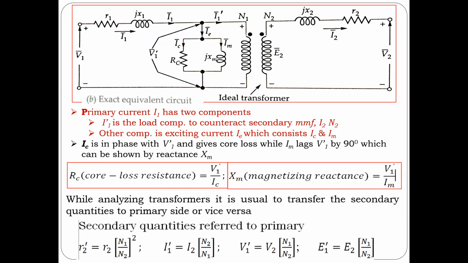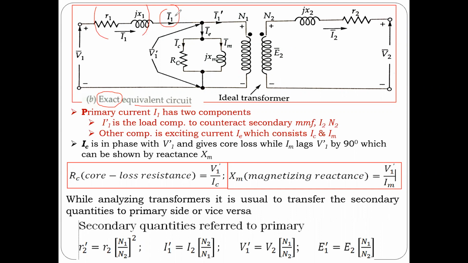This is an equivalent circuit of a transformer, which we call an exact equivalent circuit. We are not missing anything; we have everything there. If we make some assumptions and miss something, then the equivalent circuit would be an approximate equivalent circuit. This exact equivalent circuit has leakage impedances, currents, and the primary current.